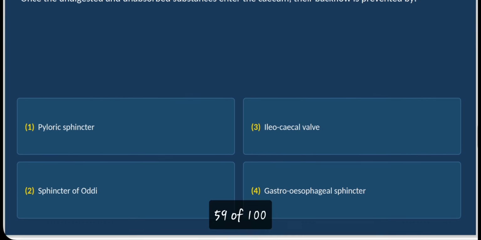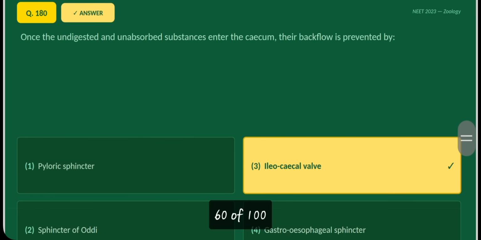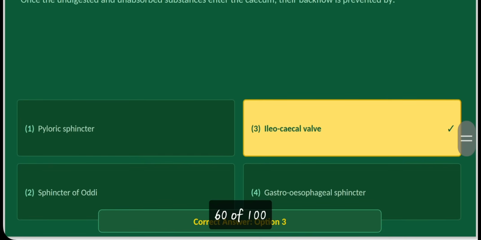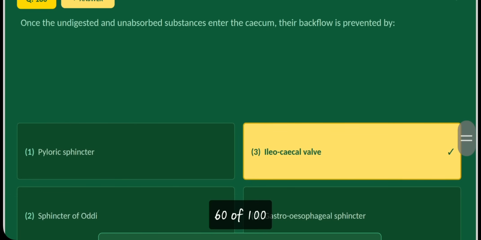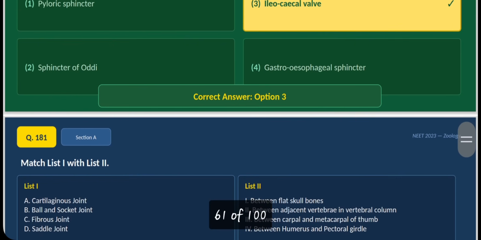Cecum, it is more of the third option, ileocecal valve. This is again in the digestive system chapter. Remember, this prevents the backflow of food from the cecum, ileocecal valve.